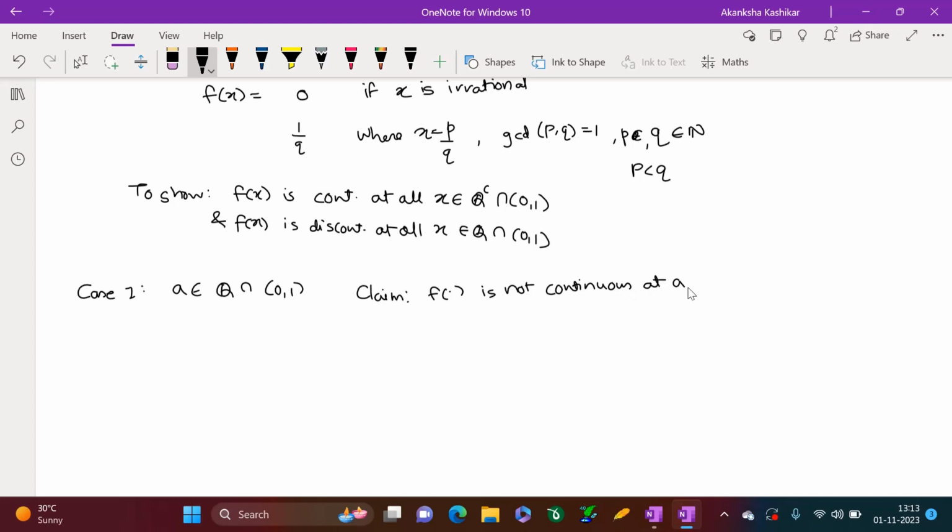So what is a? We know a is rational, so a can be written as p/q, and of course it belongs to [0, 1]. This implies p is less than q, and we are assuming that GCD of p and q is 1, otherwise this is not a function. Okay, so we'll prove by contradiction.